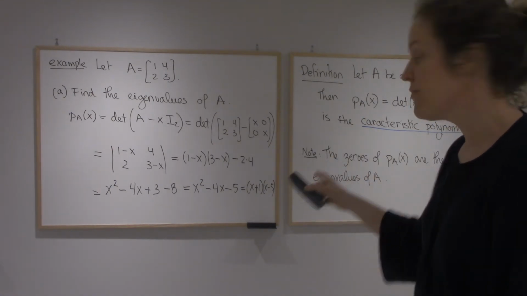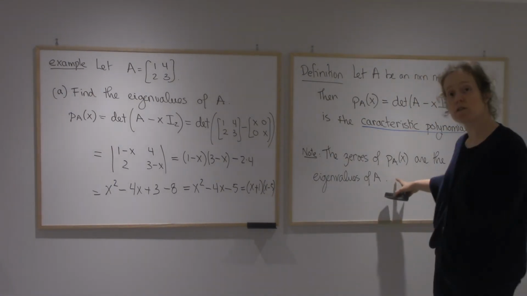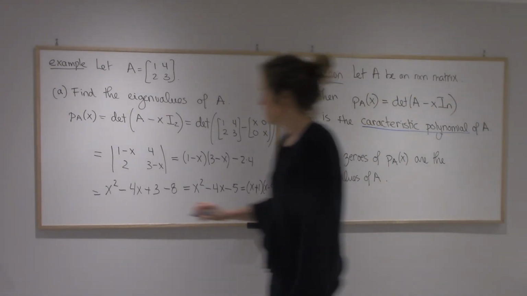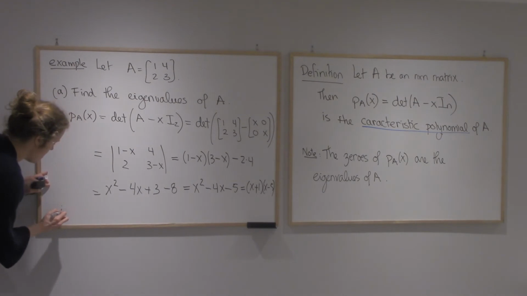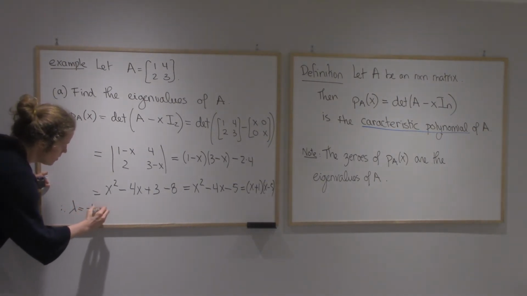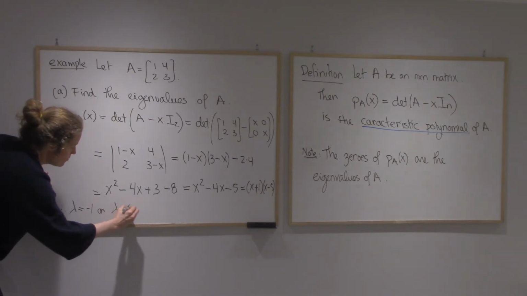We want the eigenvalues. Those are going to be the zeros of the characteristic polynomial. So I have two eigenvalues. I have lambda could be -1, or lambda could be 5.